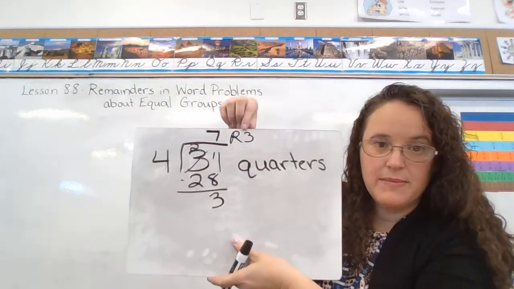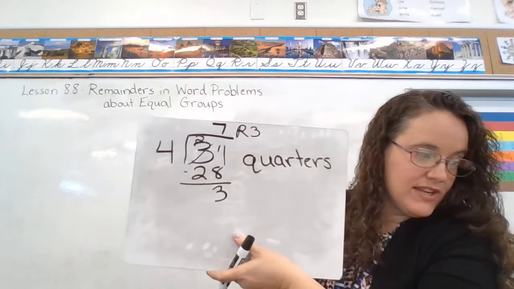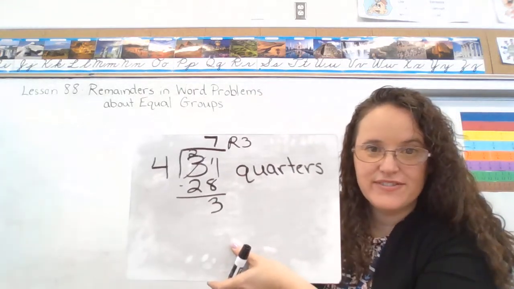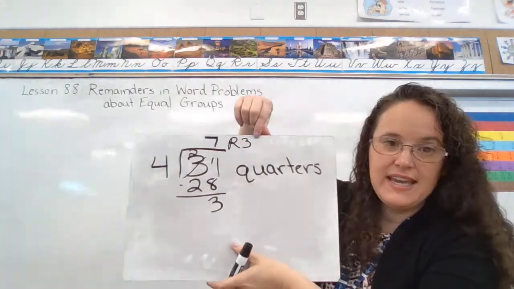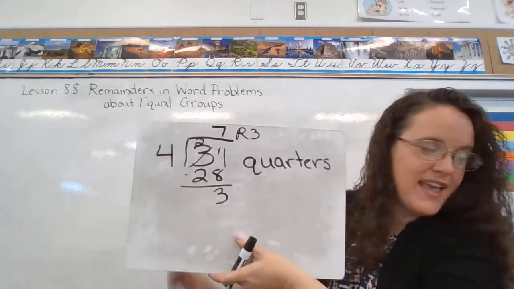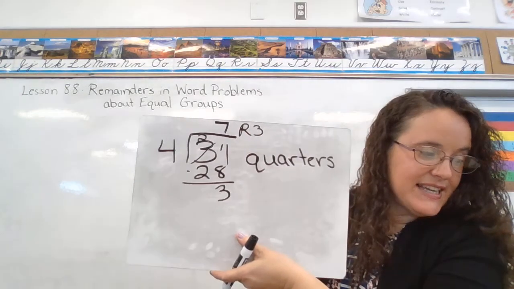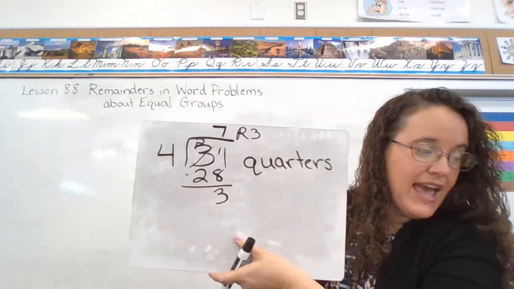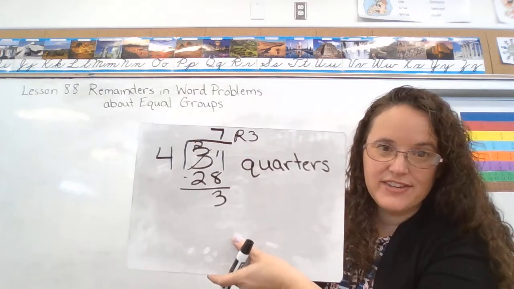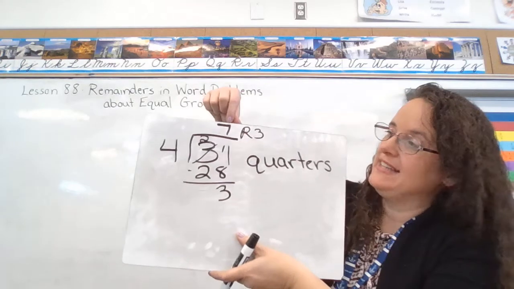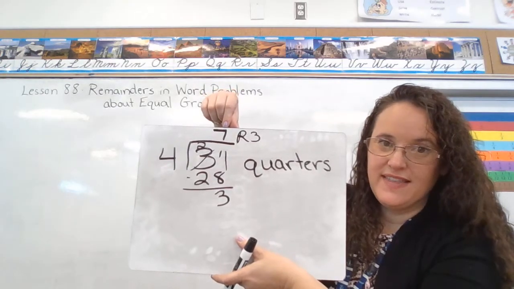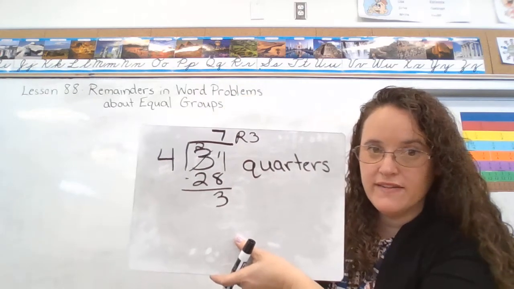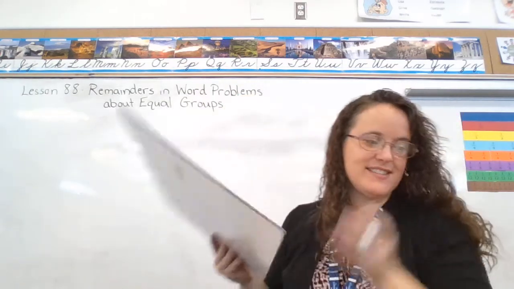The remainder is how many quarters were left over. Question D says, how many extra quarters did he have? He had 3 extra quarters. And E says, if Tendai made a short stack with the extra quarters, how many stacks would he have in all? He had 7 stacks, and then he makes another stack with the extra quarters, so he'd have a total of 8 stacks.